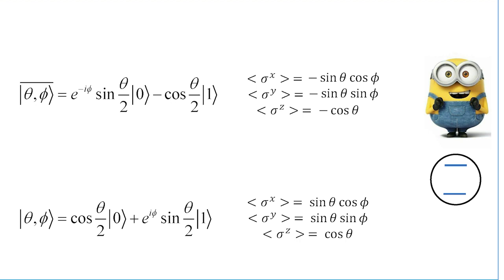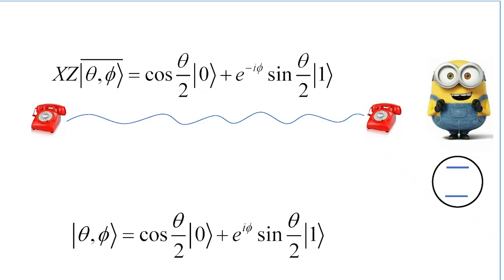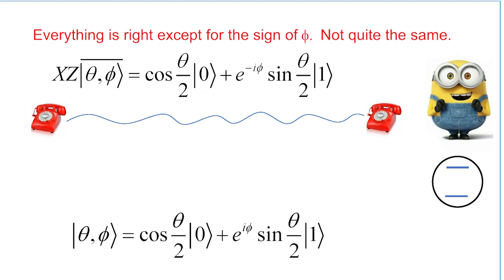Now, the next question is whether we can do some classical communication or classical corrections so that we can correct this state. If we apply Z and X gates to this state, it seems that the state looks the same, but still there is a phase ambiguity.